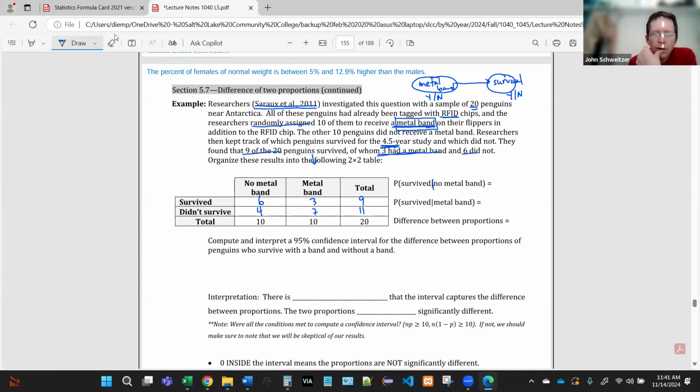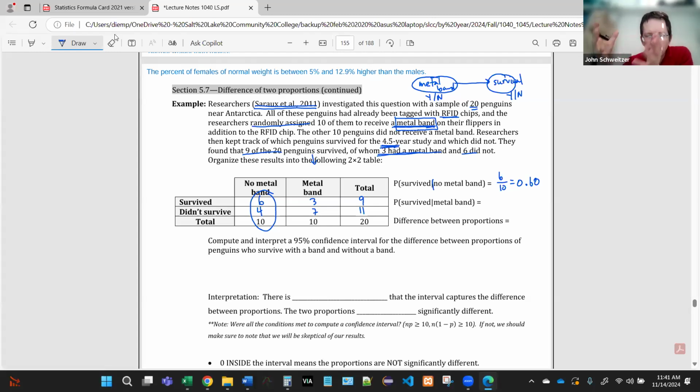If we know that they were in the no metal band group, well, there were 6 survivors out of 10 for a 60% success rate or survival rate for the penguins without the metal band. So that was our control group, right? That's our baseline. It gives us an idea of what percent of penguins would survive a 4.5-year time period.